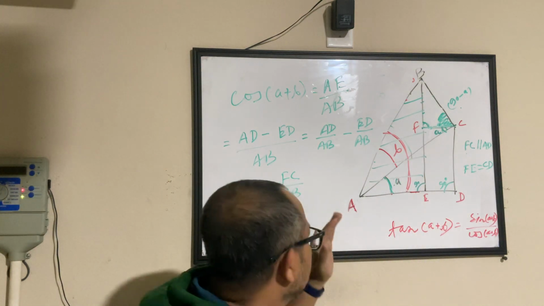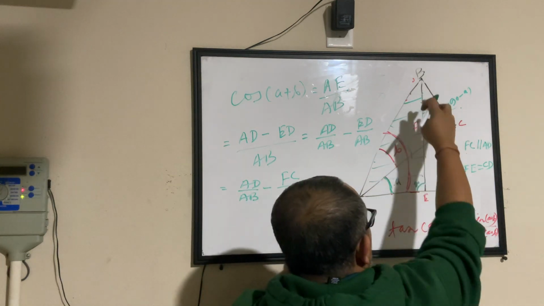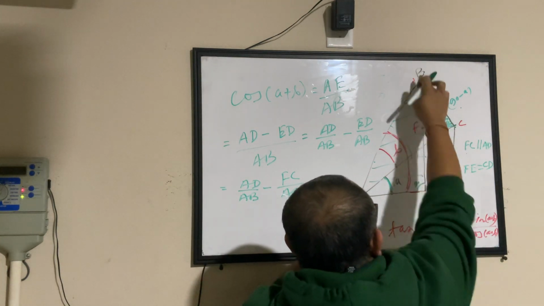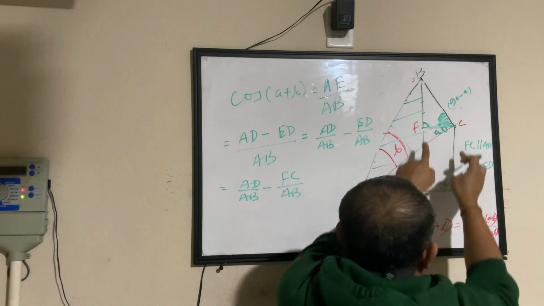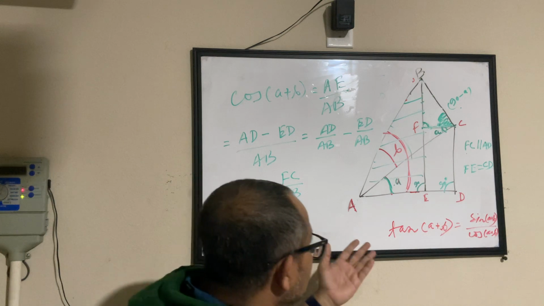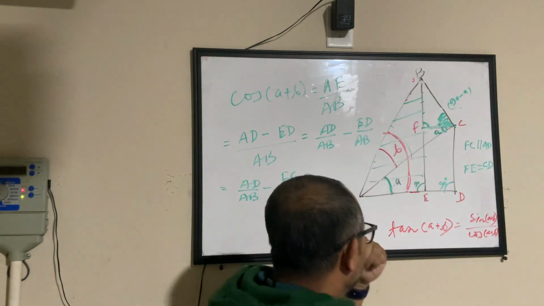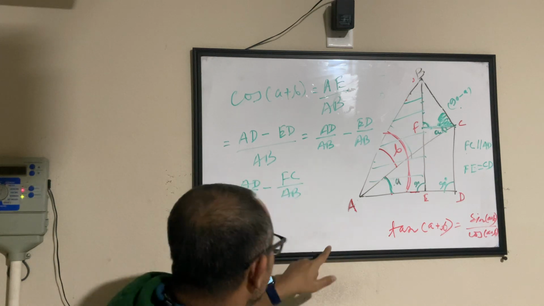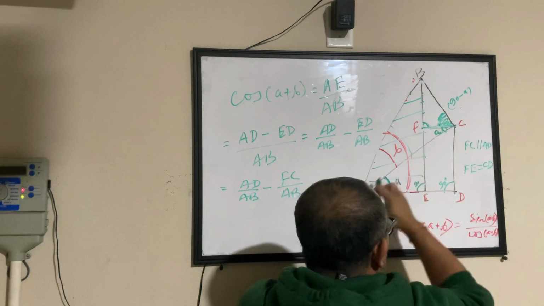All right, so now I have AD by AB minus, instead of AD, I'm saying FC by AB. Now these pieces don't have much relationship. But AD is a part of this triangle, so let's look at this.